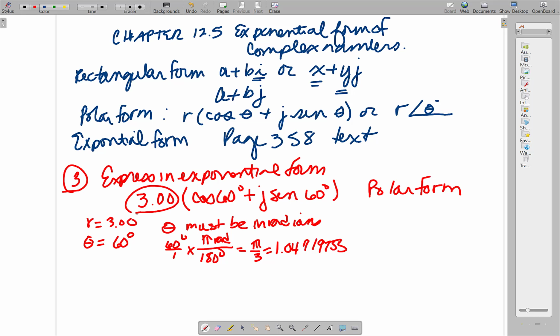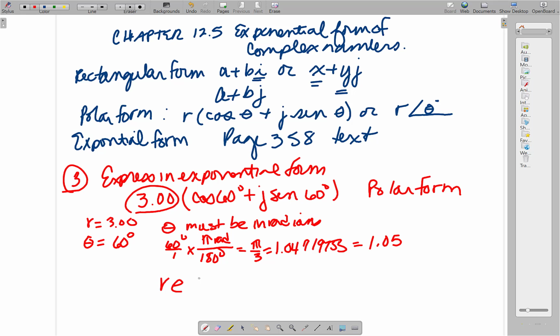And this is kind of iffy. Again, your book changes off and on in that. They do different things. But from what I can understand, we're going to go with 3 significant digits, which leaves us with 1.05. So to write an exponential form is always r times e. e just represents a number in math that's used a lot. It's this big long decimal. You don't really have to understand it much more than that at this time.